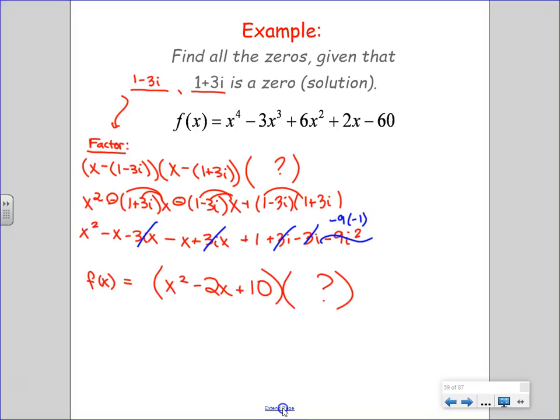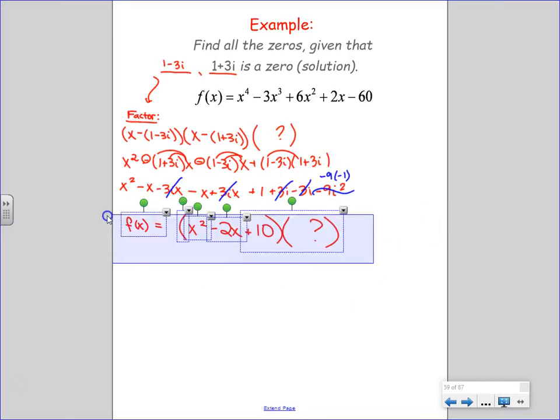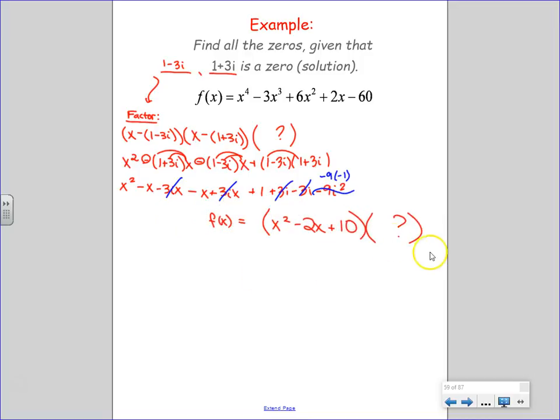Long division. Long division. Because if I'm trying to find my question mark, if I'm trying to find him, and if I know f of x, can't I just say f of x divided by x squared minus 2x plus 10 equals the rest of the square? Probably a little bit beyond you. But either way.